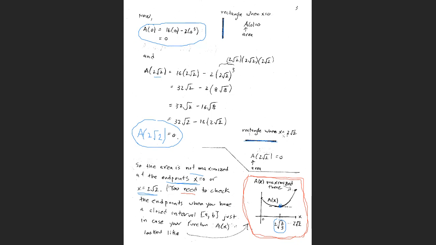The absolute max would be up here at the right endpoint 2 root 2. Now, of course, this is not what's happening for our example, but I'm just saying it can happen in different kinds of problems, and so you have to always check for that.